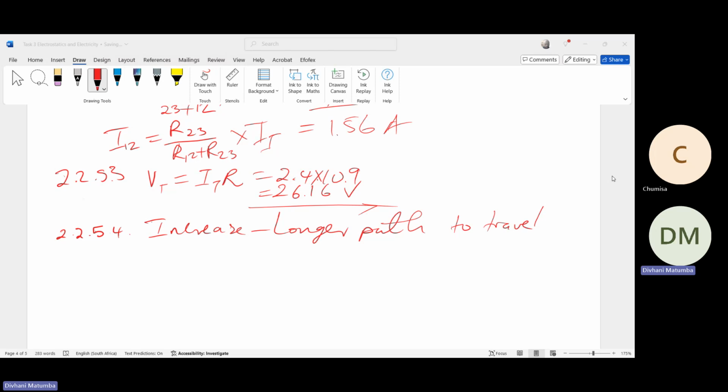So what happens if I increase the diameter of the filament? Will the resistance increase or decrease? Please repeat, sir. If I increase the diameter of the filament inside the resistor, what will happen to the resistance?